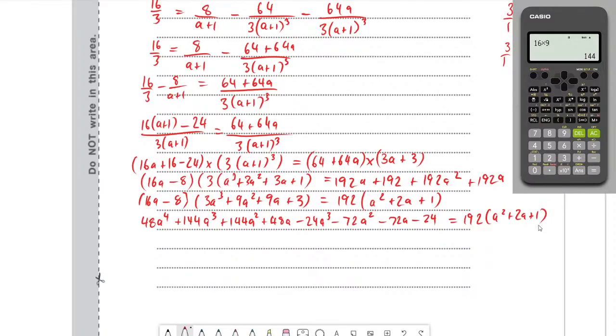Well, if I can somehow get some a squareds plus 2a's plus 1s out of this, this is going to simplify really nicely.